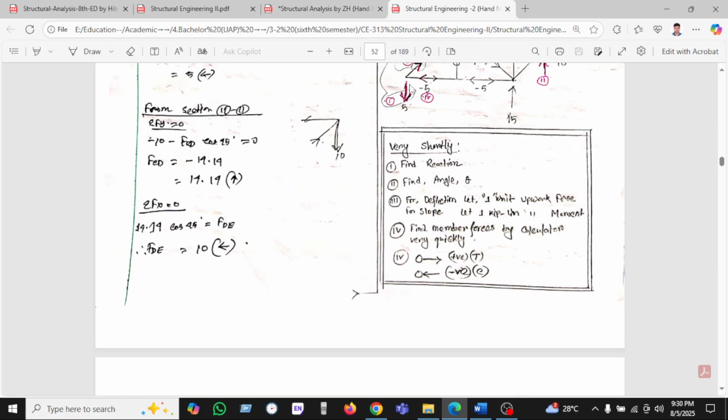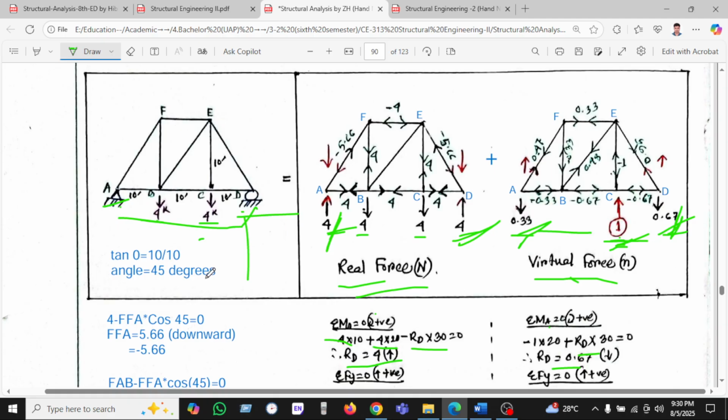Now second, we find the angle. So I will calculate the angle. This is nothing but the angle theta. As we know, tan theta equals height over length. The height, we know, is 10 feet, given here, and the length is also 10 feet.